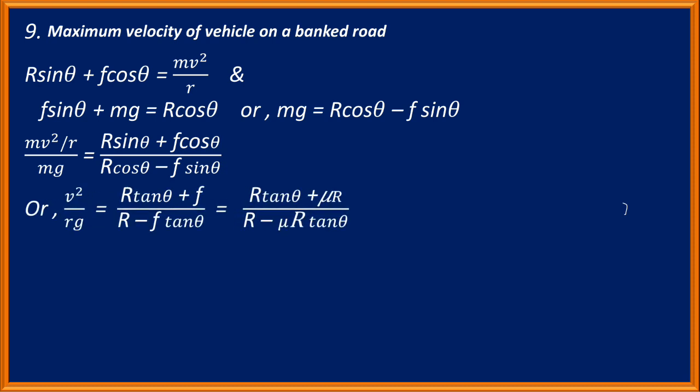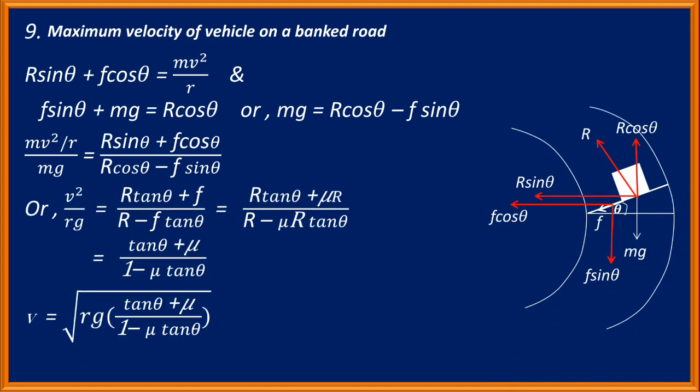Now the ninth derivation, that is maximum velocity of vehicle on a banked road. So here you can see a car is moving on a banked circular road. Okay, so here you can see the weight is acting vertically downward, and the normal reaction R has two components, R cos theta along vertical and R sin theta along horizontal.